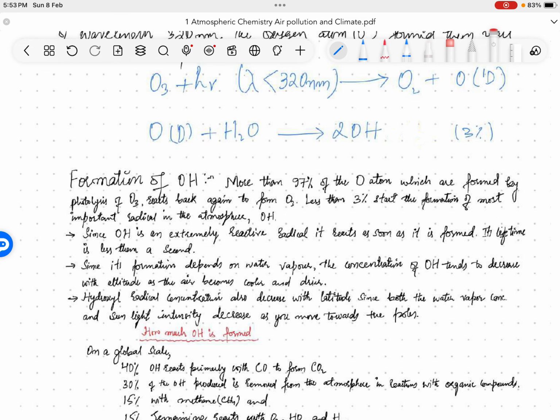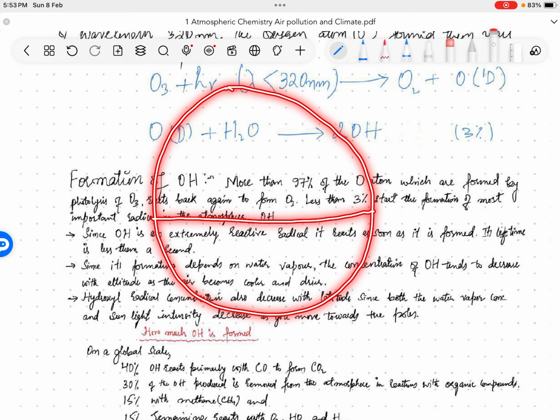So what does this mean? As we move towards the pole, the concentration of OH radical decreases. This means that if this is our earth, and we are at the equator, this is the equator, and this is our pole.